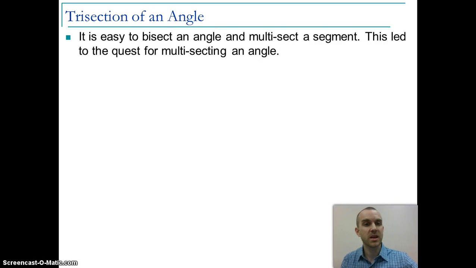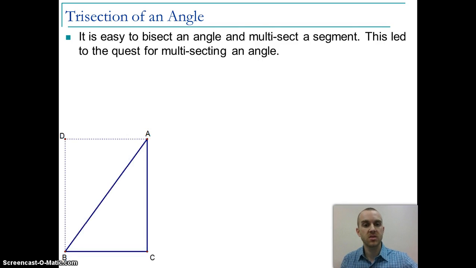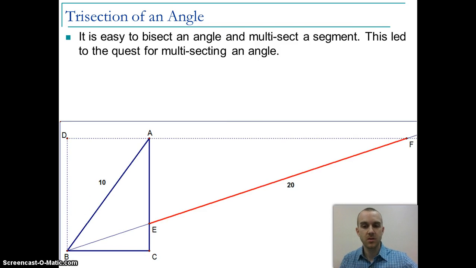The next one was the idea that they knew that they could bisect angles and multisect segments, and so they wanted to be able to multisect angles as well. So let's look at a problem. Say we have triangle ABC, and I'm going to extend out ray DA so that I have a segment EF that's double that of AB.